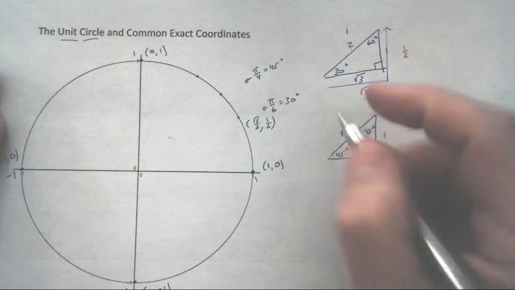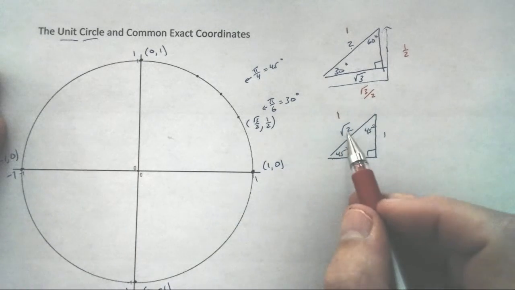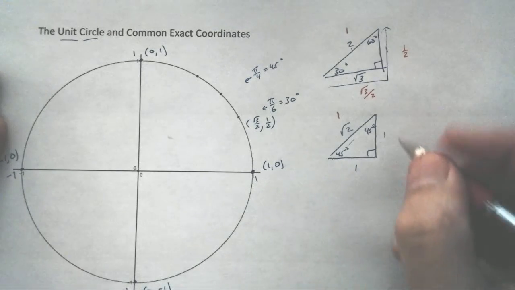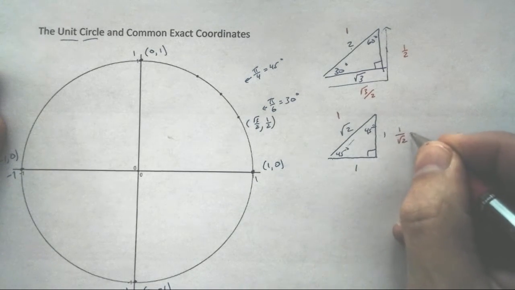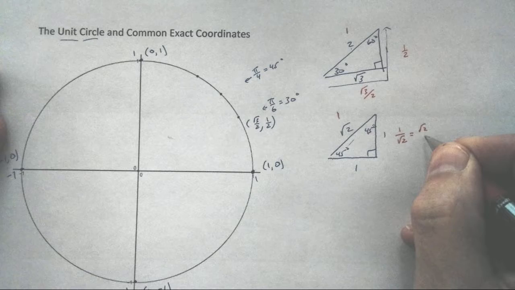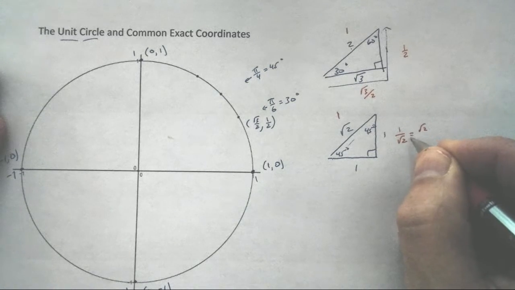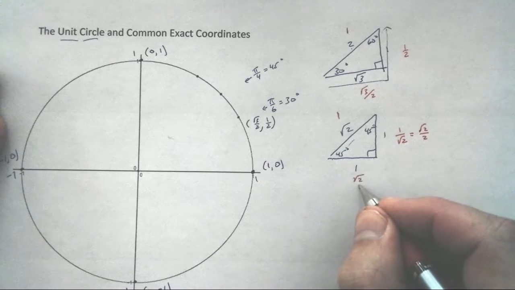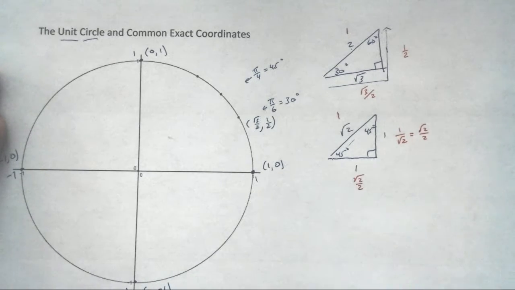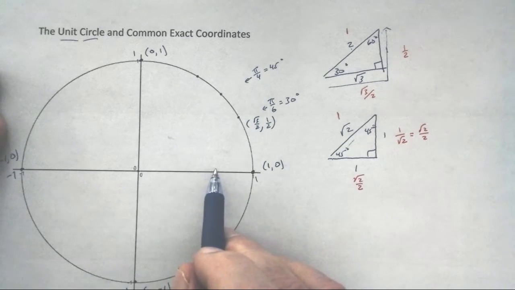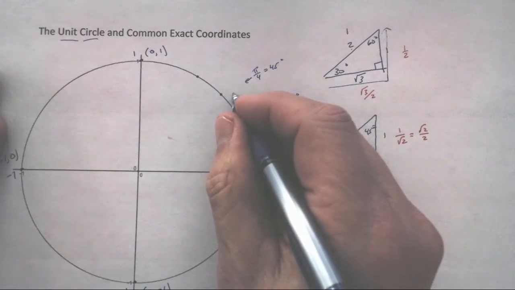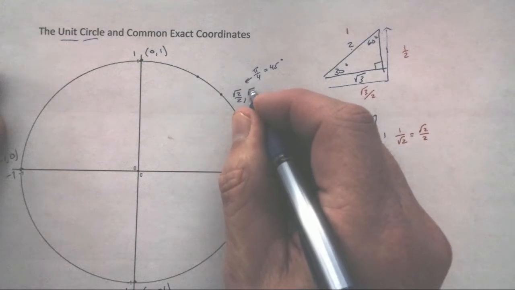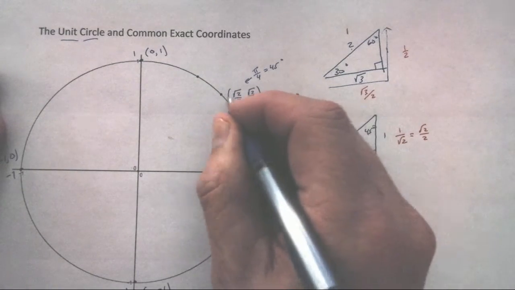So if I make this 1, how do we get from √2 to 1? We divide by √2. So this would be 1 on √2, or √2 multiplied by √2 on √2, √2 on 2. Likewise, this would be √2 on 2. So on this unit circle, to get over here and up here, we go over square root of 2 on 2 and up square root of 2 on 2.